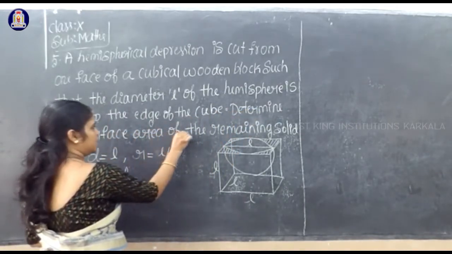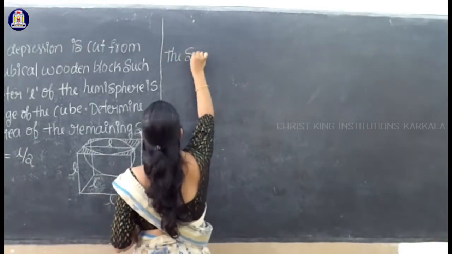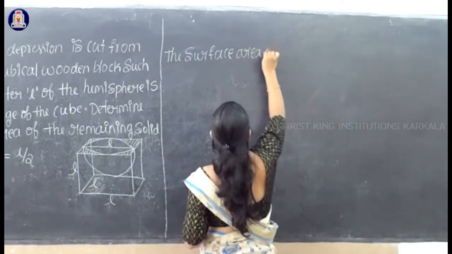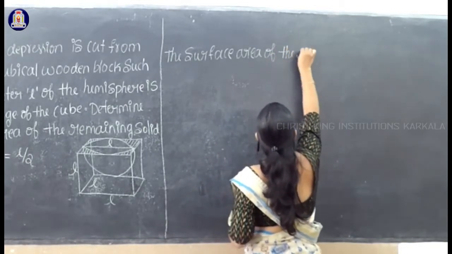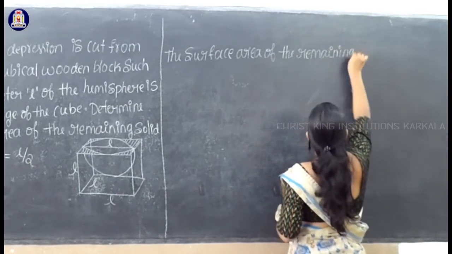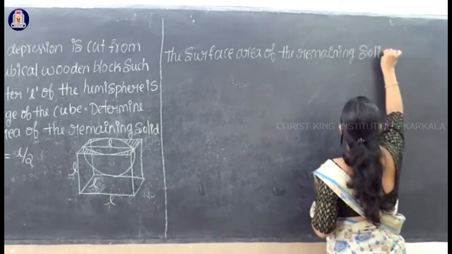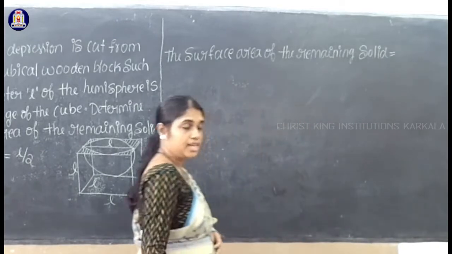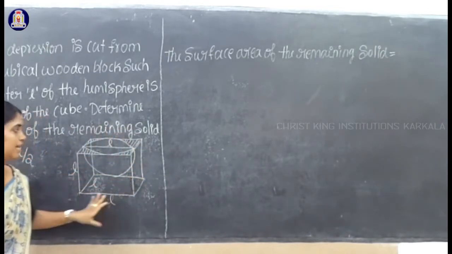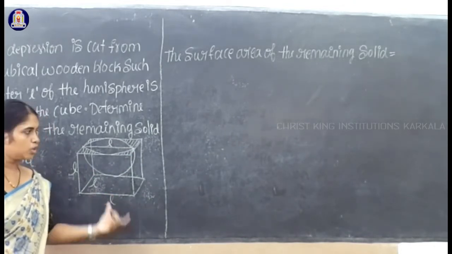Now, determine the surface area of the remaining solid. Surface area of the remaining solid is equal to, once again using the same concept as the previous one, I will take the TSA of the cube, because its base and top face also count.